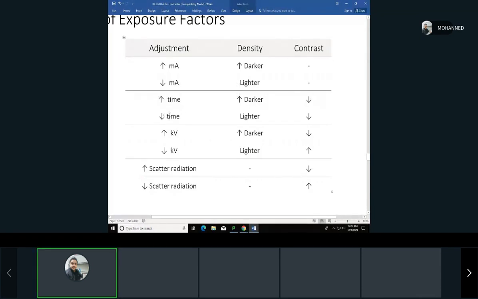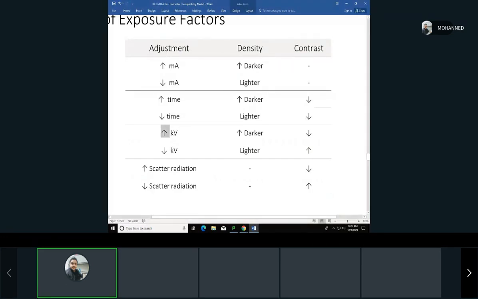And if we decrease time, you will still have less contrast. Because still the areas are not clearly dark or black, yeah, or gray. We have a lot of grayish area. It's not clear completely.